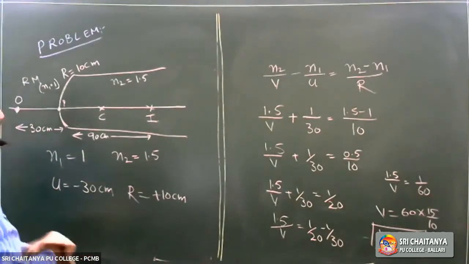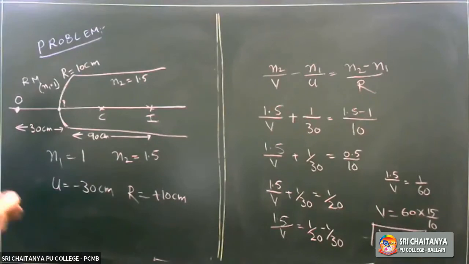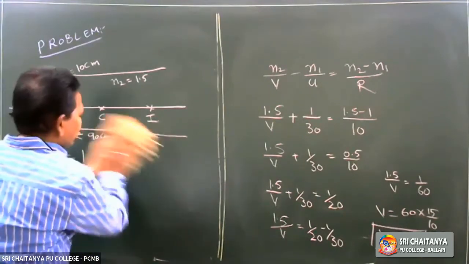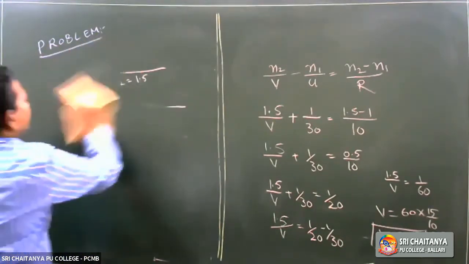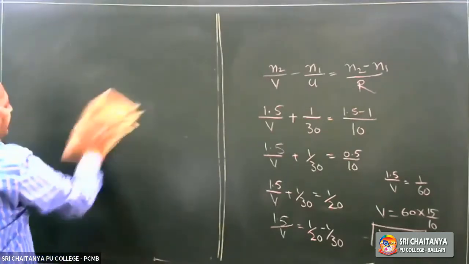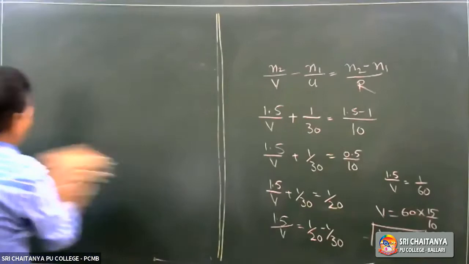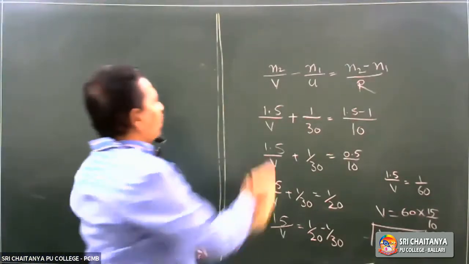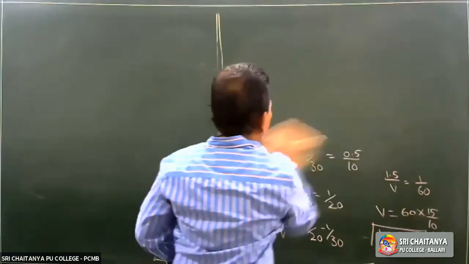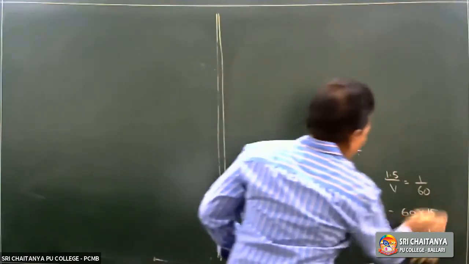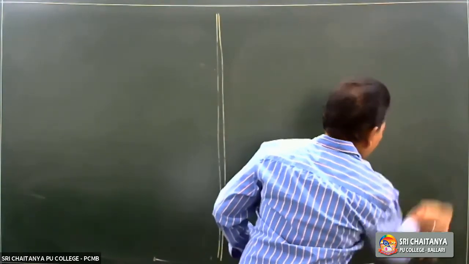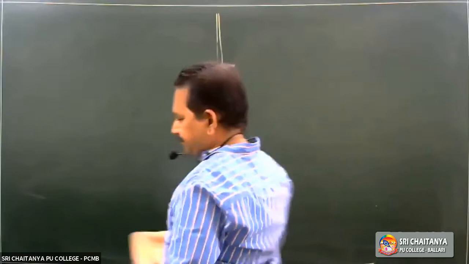Now we will go to the lens. What is meant by lens? Most important topic in optics. What is meant by lens? How to define the types of lenses? Everything we have to study, just like that of mirrors.